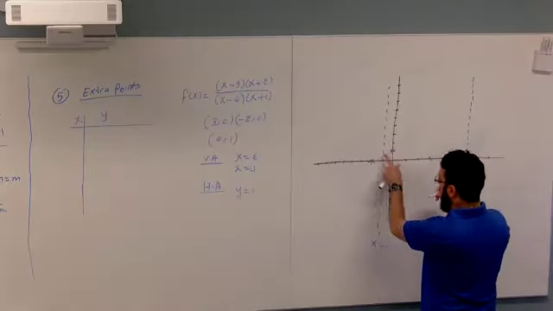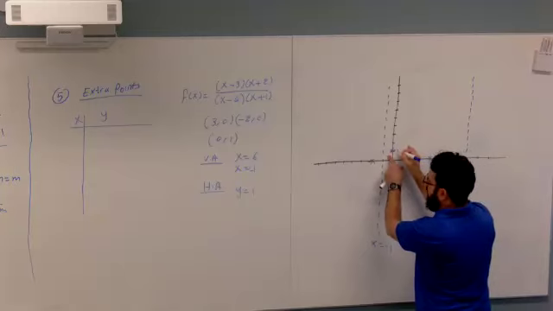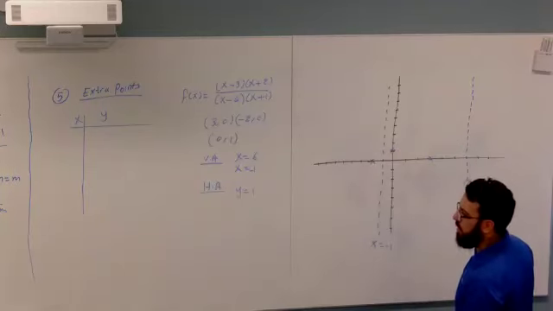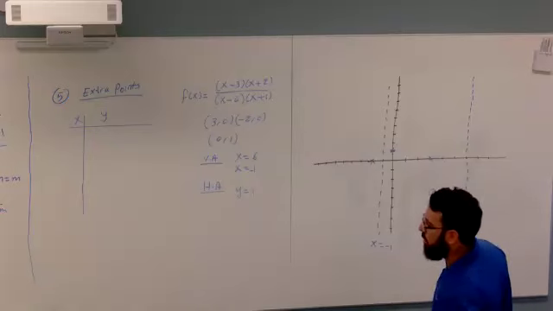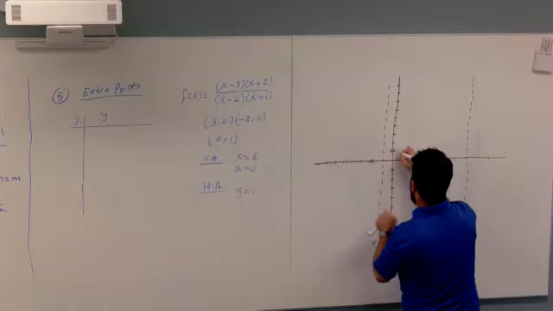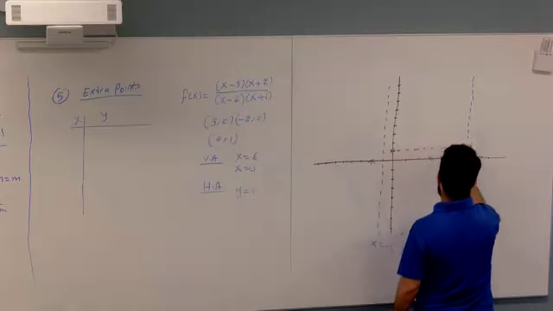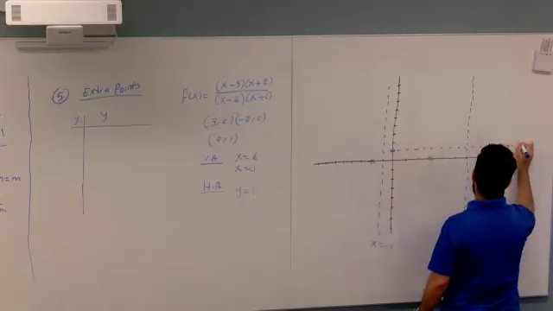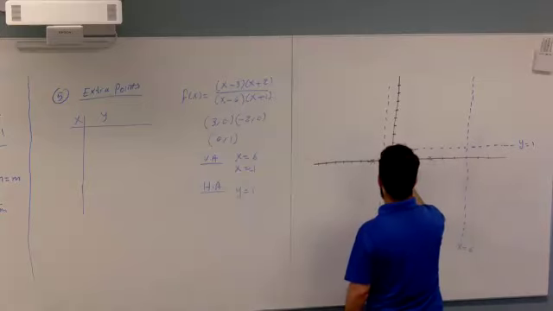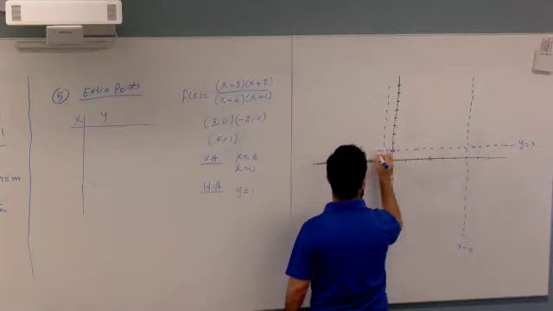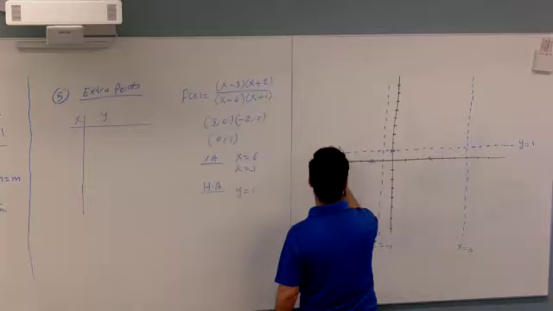Horizontal asymptote y equal 1. So here is y equal 1. And we have y-intercept also 0, 1. Y equal 1, asymptote. From the other side, same.